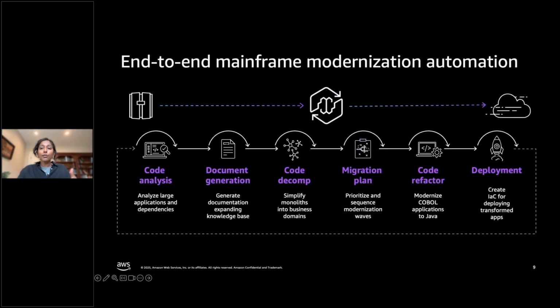So I'm going to walk through now the distinct steps in the workflow and then we'll highlight a few specific steps. Any project begins with code analysis, which basically gives you a lay of the land on the different types of files associated with your code, gives you a view on the dependencies between programs within your code base.